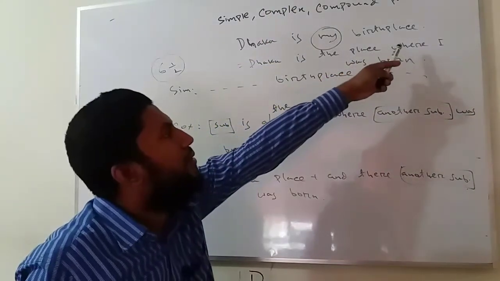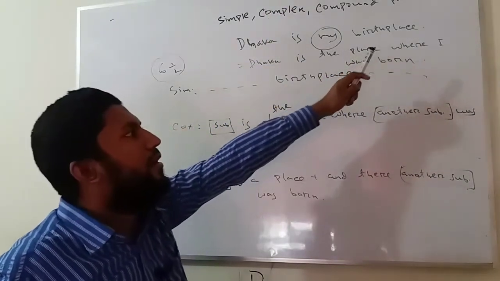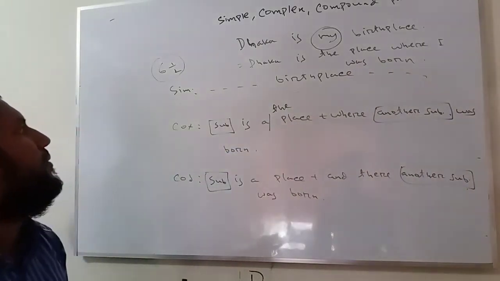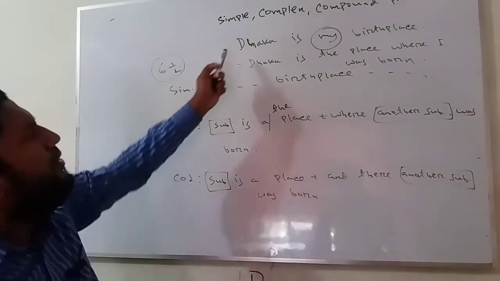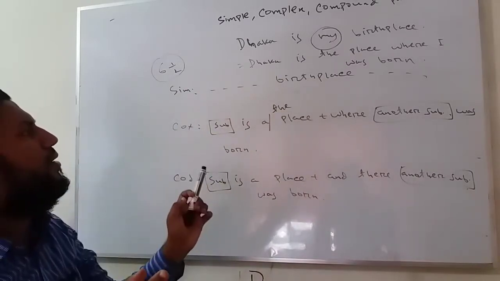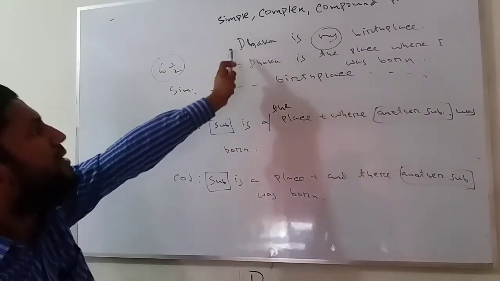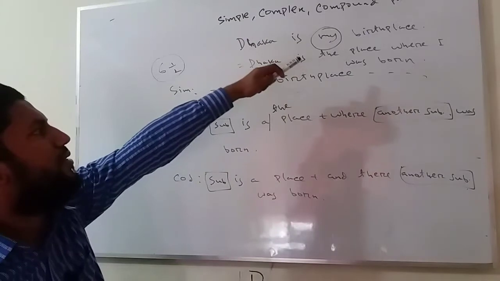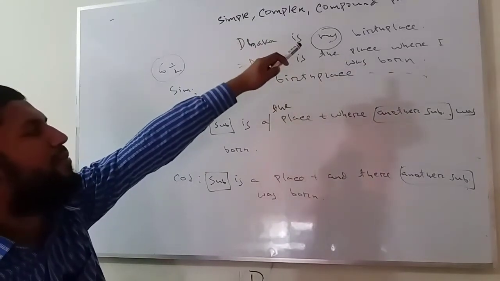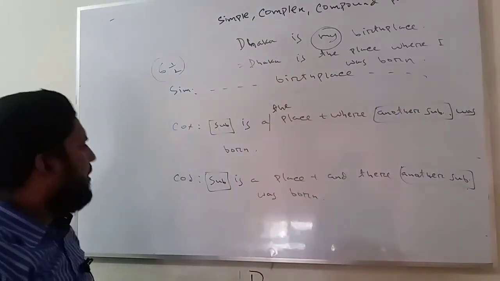Instead of where, you will have to use only and there. The rest will be the same. If you want, you can do this sentence in another format. Dhaka is my birthplace. It is Dhaka, which is my birthplace. You can write in any way.